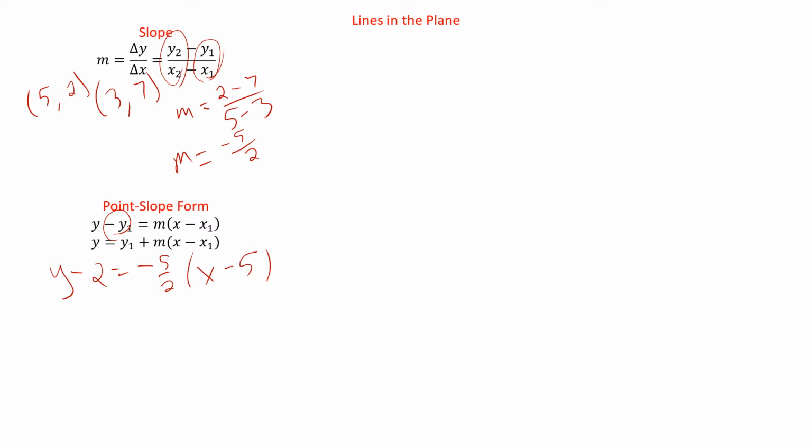Or in that second form, we could move that 2 over. So we have y equals 2 minus 5 halves times x minus 5. So now it's in the y equals format. However, we could have also used the other point. We could have ended up with y equals 7 minus 5 halves times x minus 3.